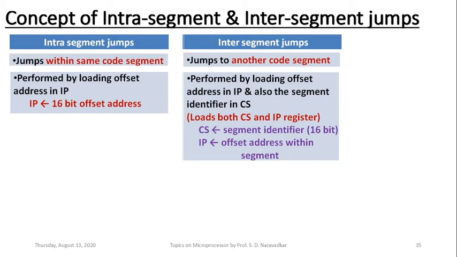The CS register is loaded with a new 16-bit segment identifier, and the IP register will be loaded with the offset within that new segment where the jump is to take place. As it is jumping to another code segment, definitely the code segment register should be loaded with a new value called a segment identifier, and within that new segment, the offset location where control is to be transferred should be loaded into the IP register.